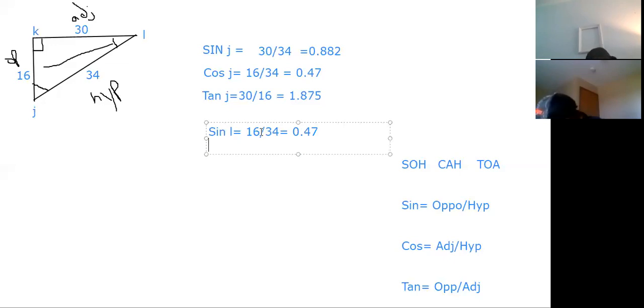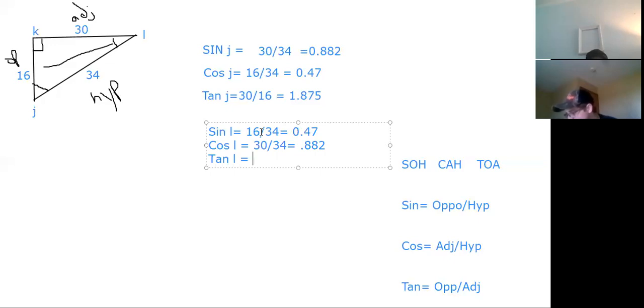What's the next one? Cosine of L. What's that one going to equal? 30 over 34, which is 0.882.